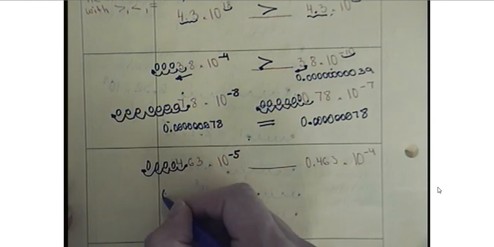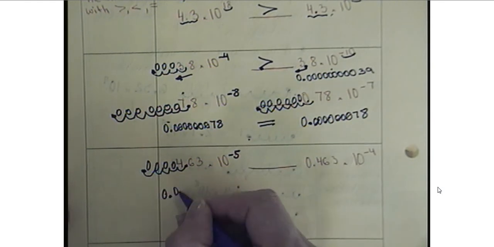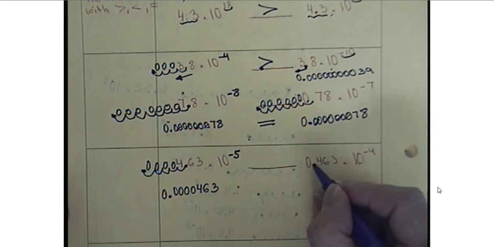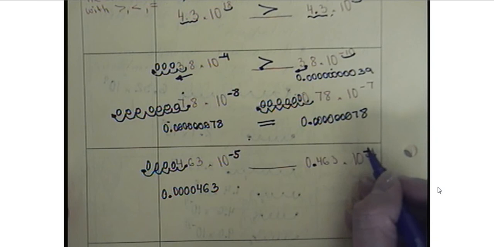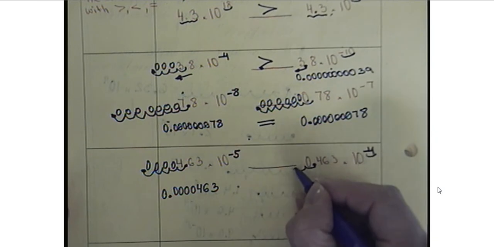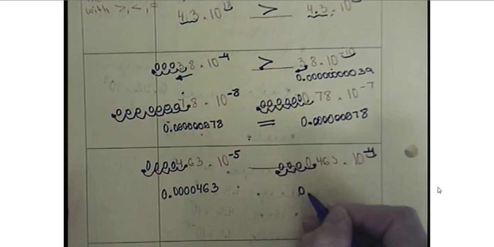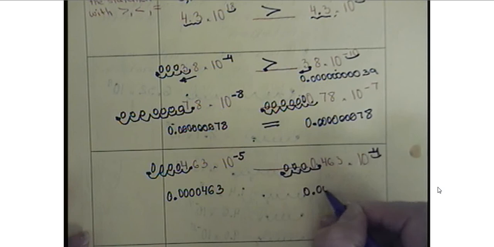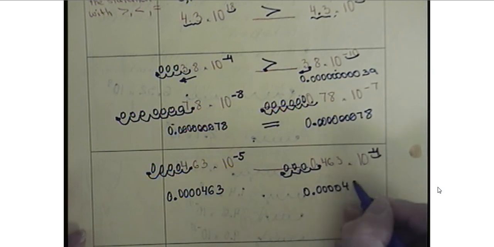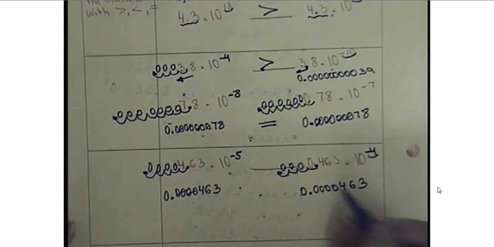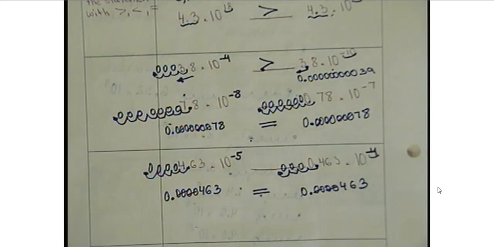So my new number is 0.0000463, with 4 zeros. And for this one, here is the decimal point, and we are doing 4 jumps to the left. 1, 2, 3, 4. Fill out those zeros, and I'm going to put 0.0000463, 4 zeros. Compare both numbers again. We have 4 zeros here, 4 zeros here, same number. So again, we have an equal sign: the left side is equal to the right side.